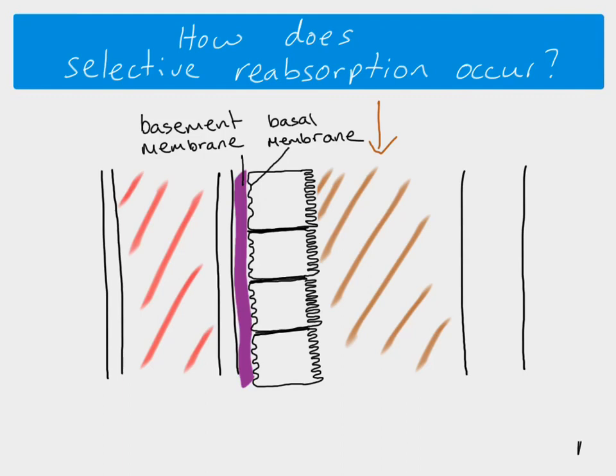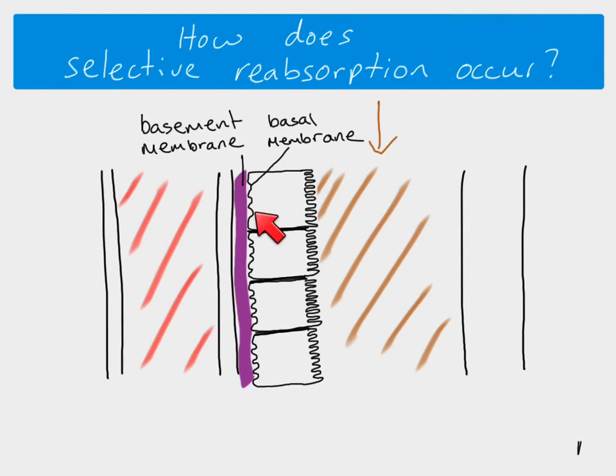Not to be confused with the bottom lining, like the bottom part of our proximal convoluted cells, which we call the basal membrane. So this cell here is the cell of our proximal convoluted tubule. It has an edge here, which is next to the filtrate, and then it has an edge here, which is nearest the capillary.